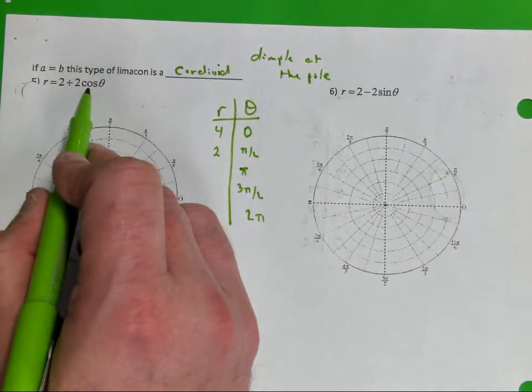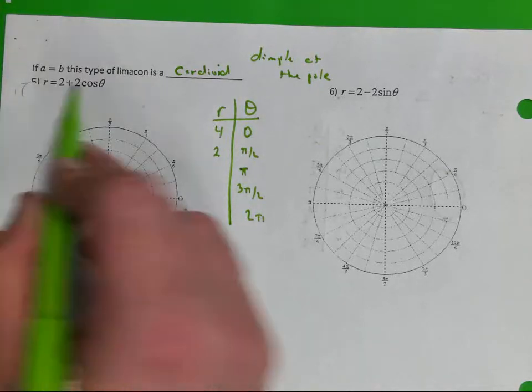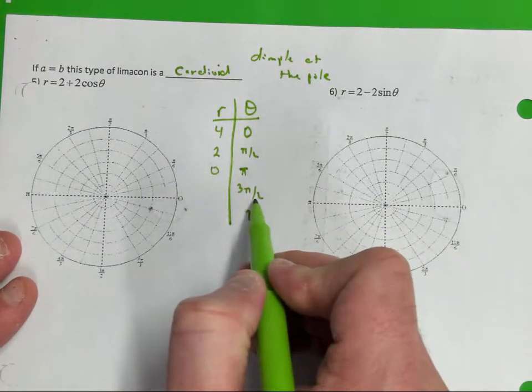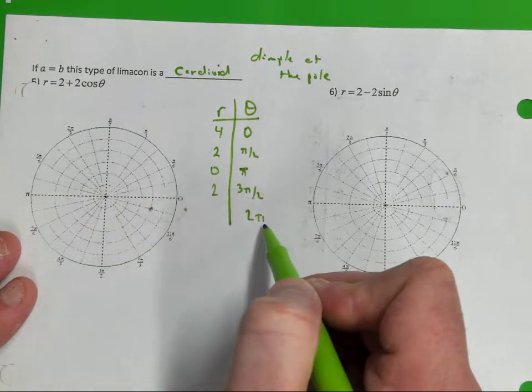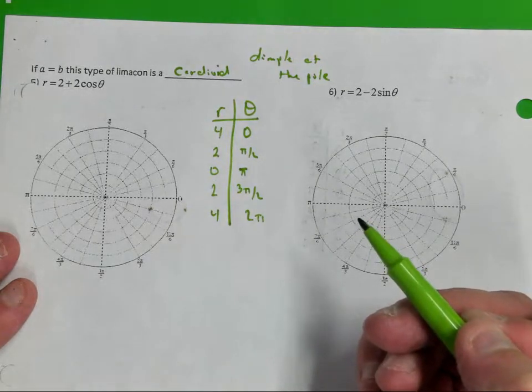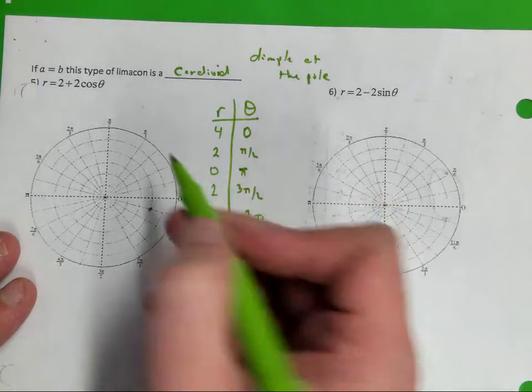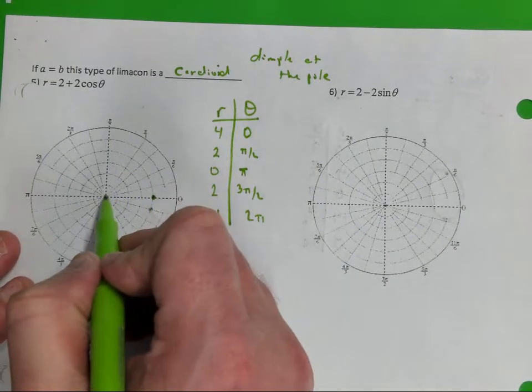Cosine of pi is negative 1. Negative 1 times 2 is negative 2, plus 2 is 0. 3 pi over 2, cosine's at 0, plus 2 is 2. And that gives me 4. So, go to the fourth ring, 1, 2, 3, 4.